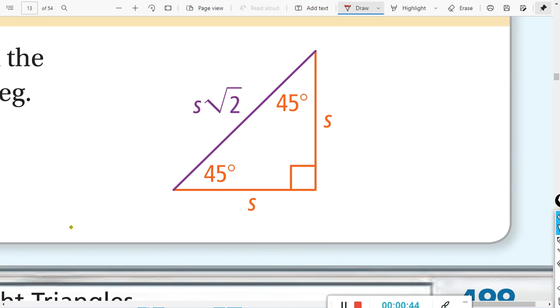And across from the 45-degree angles, we have side lengths of S and S. All right, so the sides across from the 45-degree angles for any given triangle are always congruent. And if you call that side length S, the one across from the right angle is going to be S times radical 2.